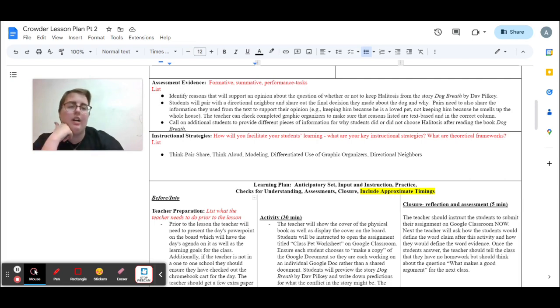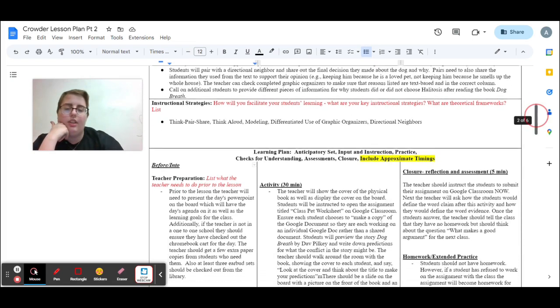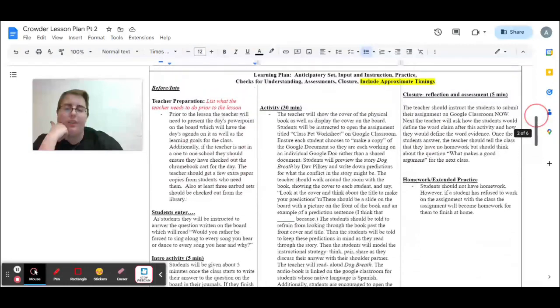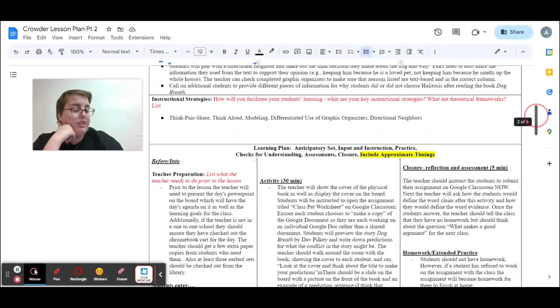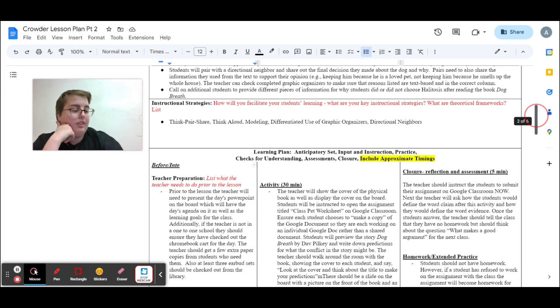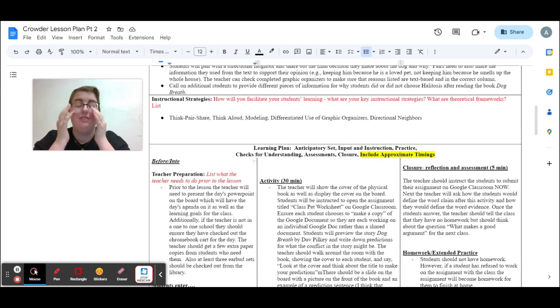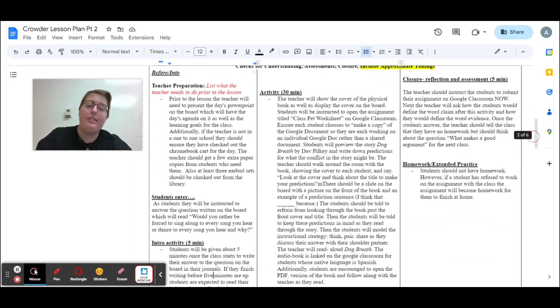Formative occurs during the learning process, unlike summative, which occurs after the learning process.